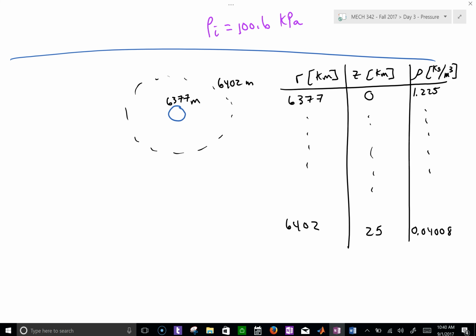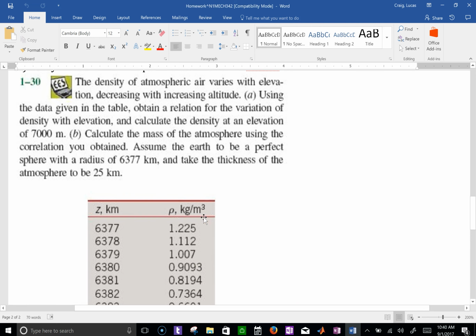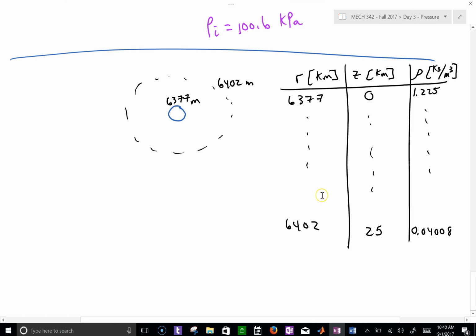All right, so how do we find this? Obtain a relation for the variation of density with elevation. What does that mean? Find a relationship. Anytime you hear that, what do you think you have to find? A graph, or you'll end up getting an equation of that line. Yes.